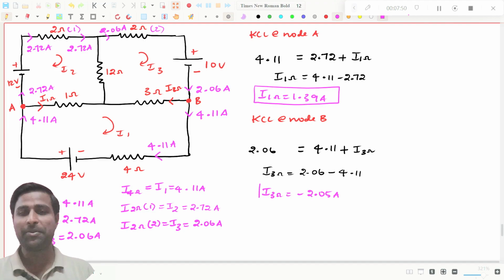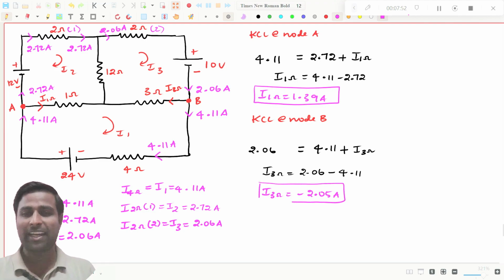Now you see, you are getting a negative value here. What it actually indicates is that the current direction assumed by you is wrong. It should not be in this way. It has to be in the opposite direction. You don't do anything else.